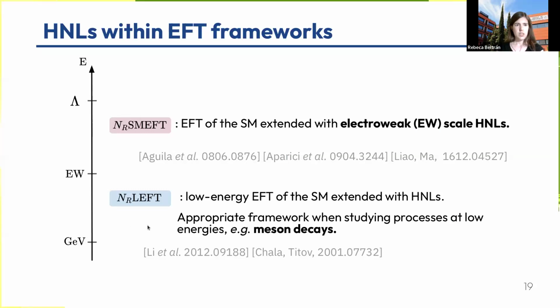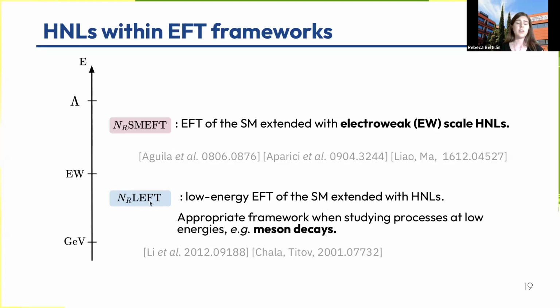There is another useful EFT when we study physics at lower energies, as is the case for meson decays. This is called LEFT, the low energy effective theory of the standard model, or NLEFT if we add these right-handed neutrinos.